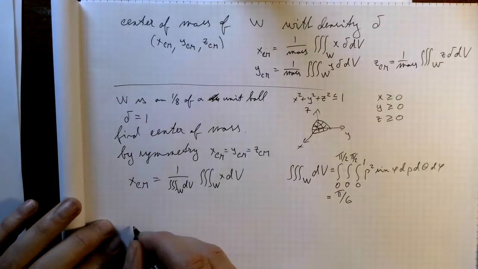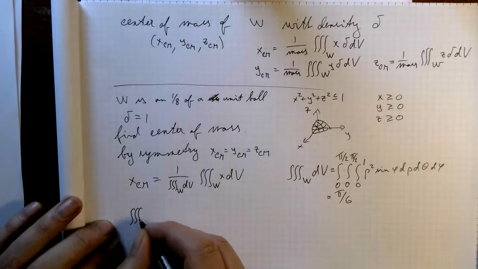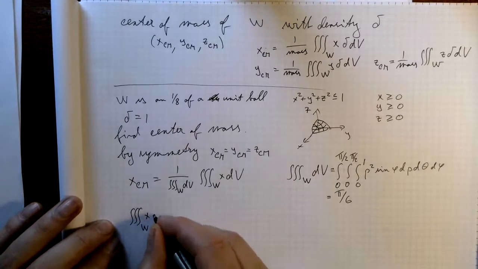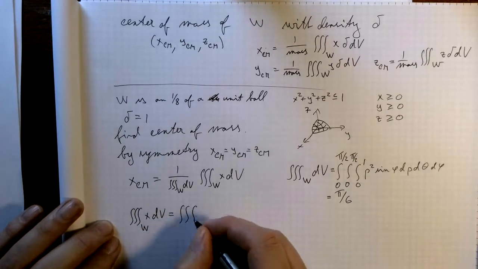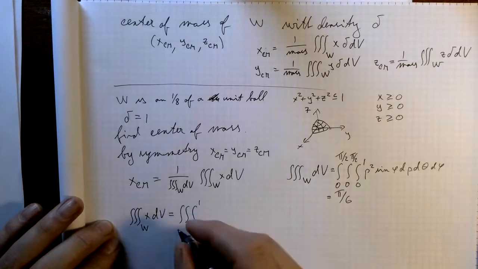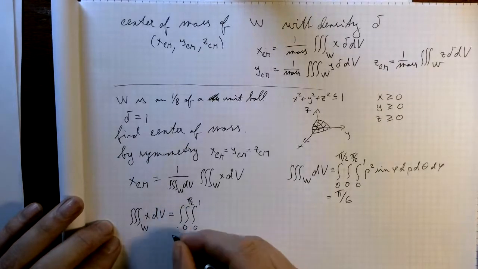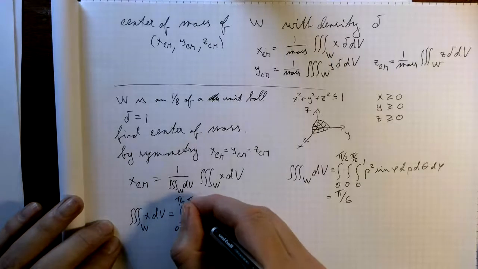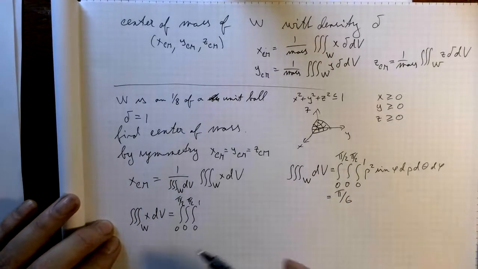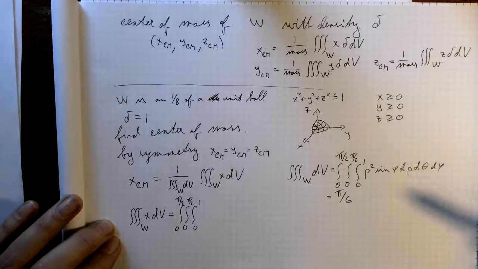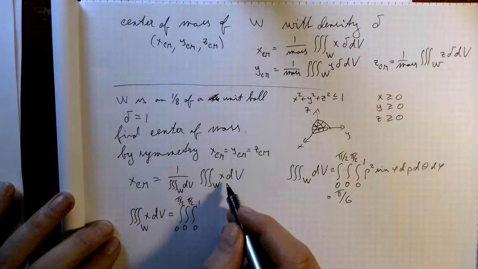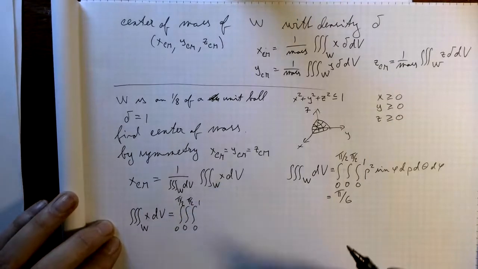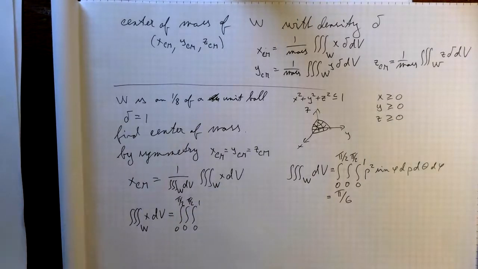The other integral is x dV. Again, we can think of the iterated integral in the same way. In the same way we're going to parameterize with phi, theta, and rho. But now we have to put in x. What is x? It becomes a little bit more complicated.